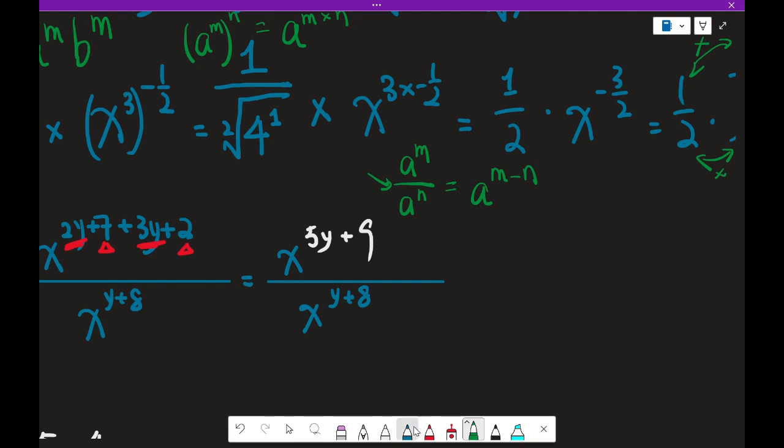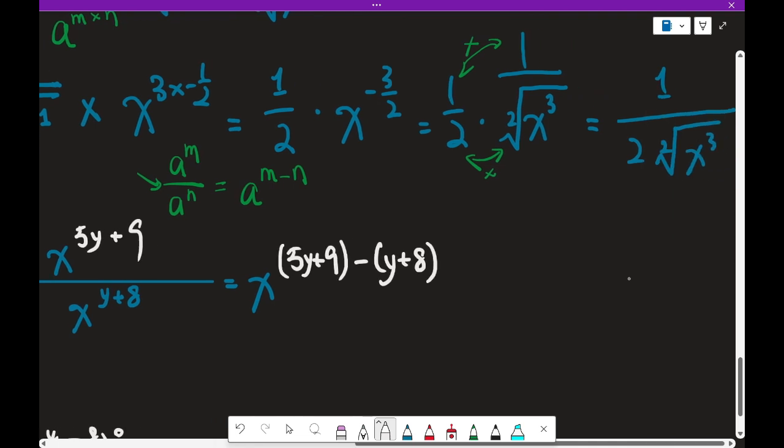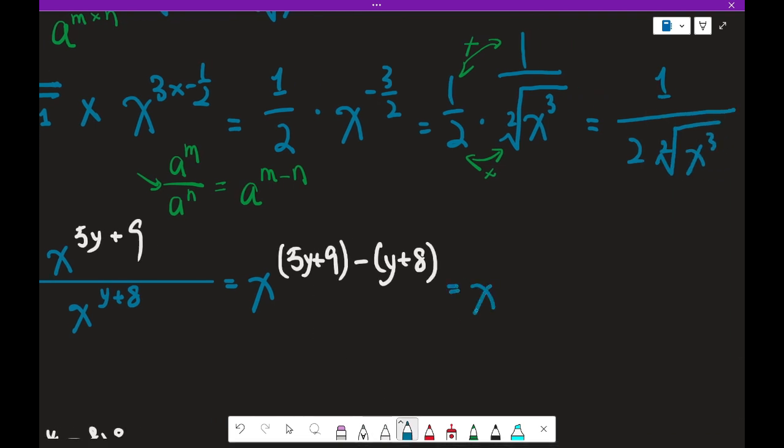So in this case, it will become x to the power of m minus n. The exponent of the numerator, in this case, is 5y plus 9, and we better give a bracket here, minus the exponent of the denominator, which is y plus 8. So then we want to subtract those two.